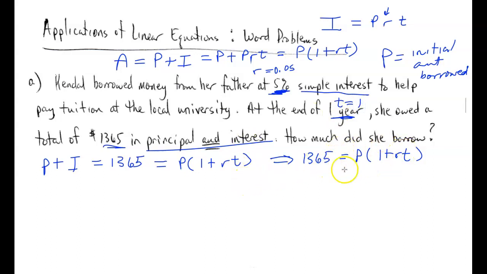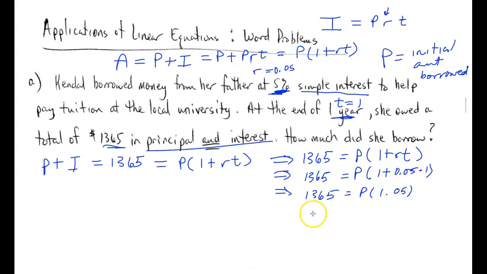So if we take that into account here, we'll see that 1,365 is equal to P, which is what we're looking for, times 1 plus, and then our rate is 0.05 times 1. And thus, inside of parentheses, we know that 0.05 times 1 is just 0.05. And if we add 1 to that, that is 1.05.